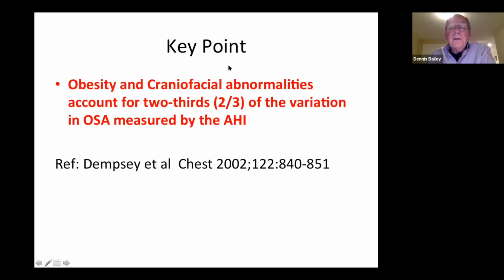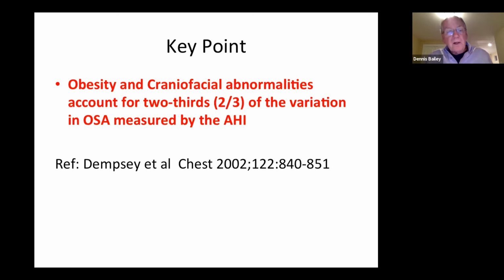And a key point to take away as a message, based upon Dempsey's work in the journal Chest in 2002, obesity and craniofacial abnormalities account for 2/3 of the variations in OSA measured by the AHI. Now, I don't know where you are with looking at the AHI as a metric.